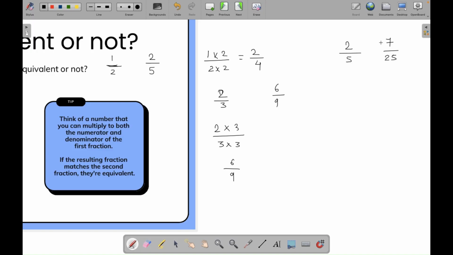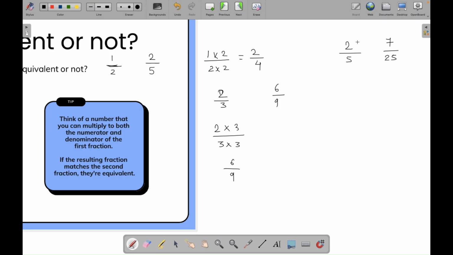So when you divide the numerator or denominator and it is not getting divided, or you are not getting 0 as the remainder, then it confirms that they are not equivalent. So you can just check if this is divisible. This is not divisible, so you check if the denominator is divisible. If I multiply 5 with 5, I'll get 25, right?